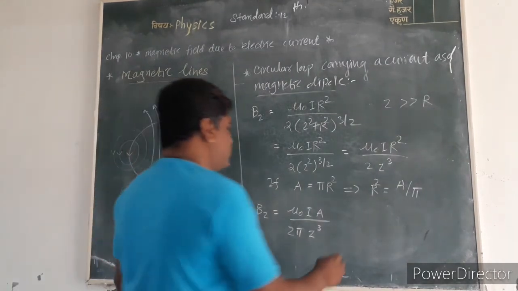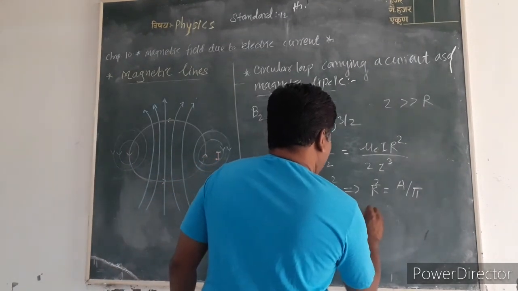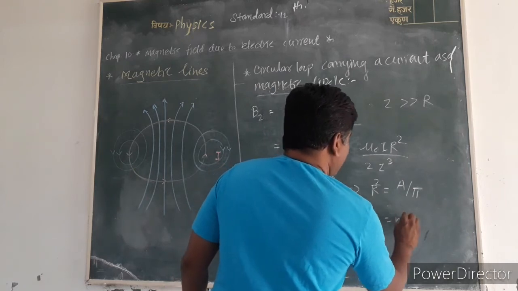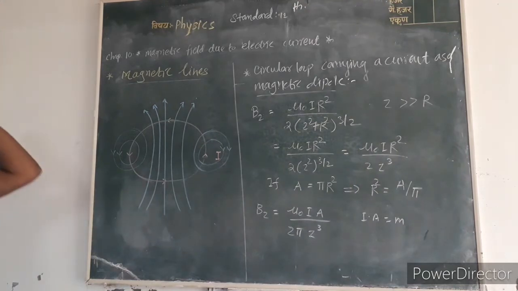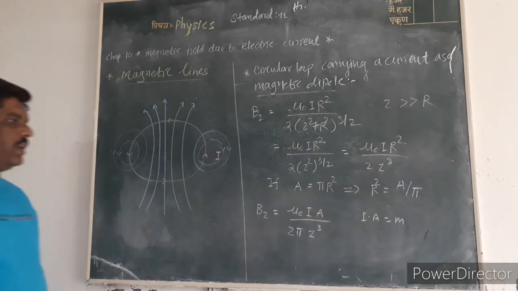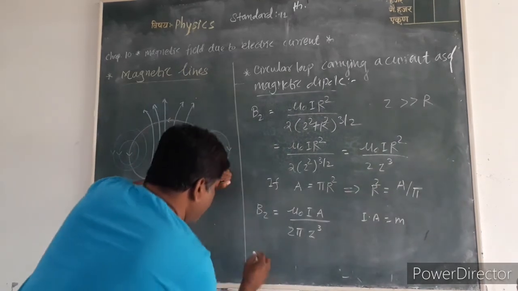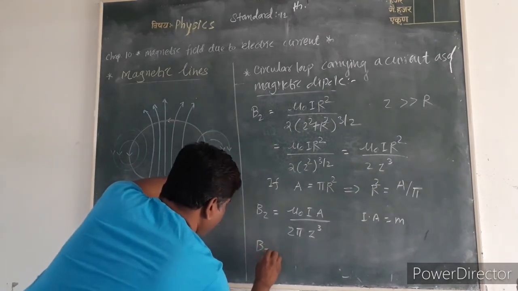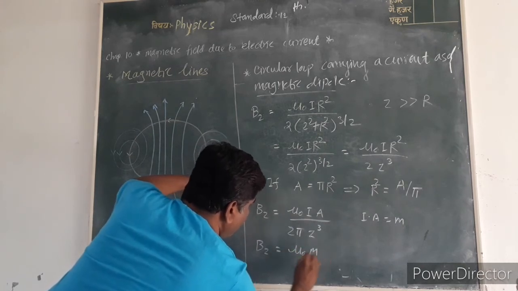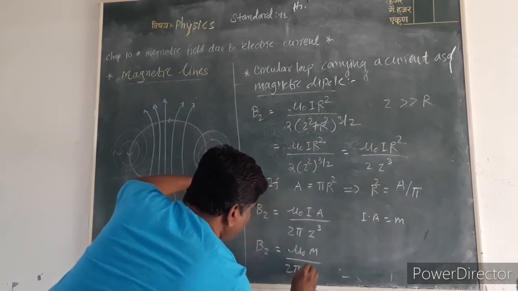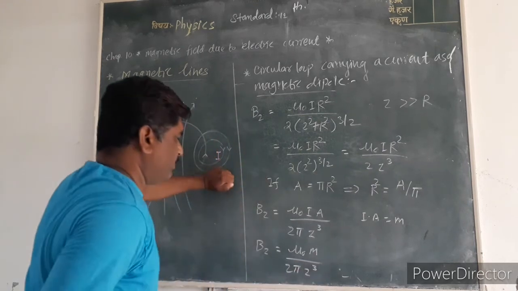Also, we know that I into A is equal to m, and this m is called the magnetic dipole moment. Therefore, Bz is equal to mu 0 m divided by 2 pi z cube.